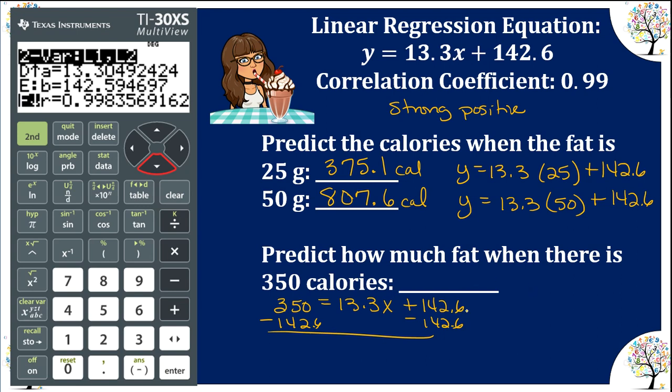And I get 207.4 is equal to 13.3 times X. We're going to divide each side by the 13.3. And we get, I'm going to round, about 15.6 grams of fat.